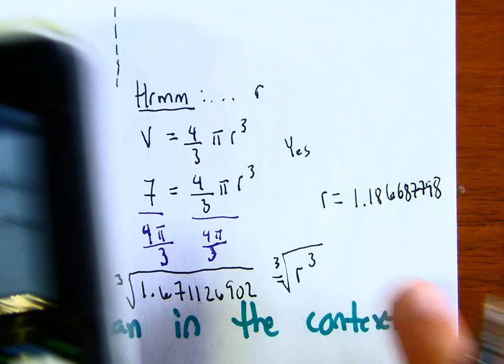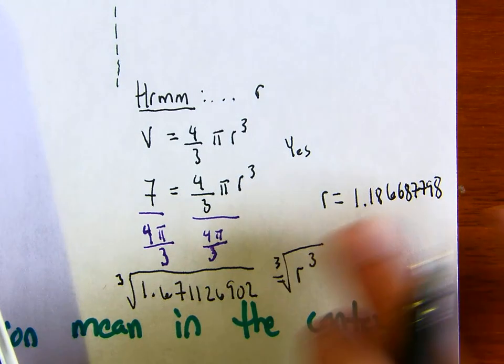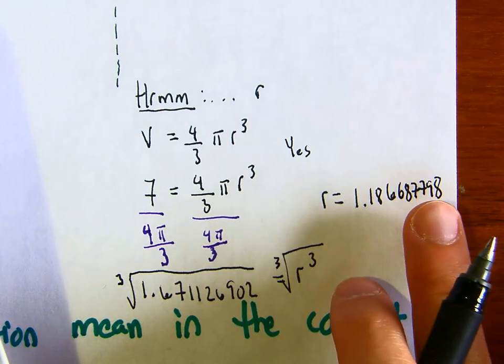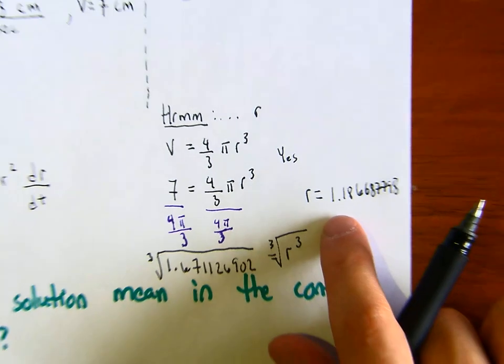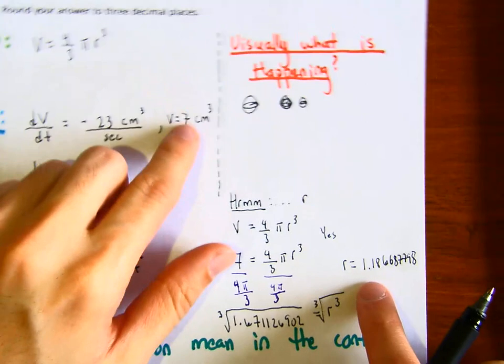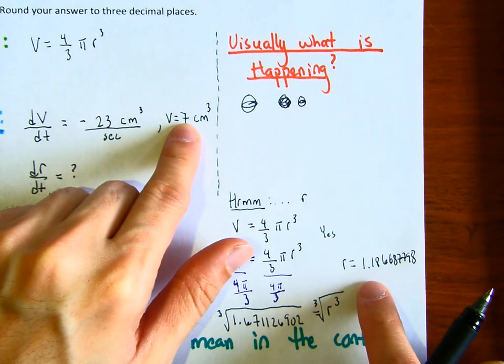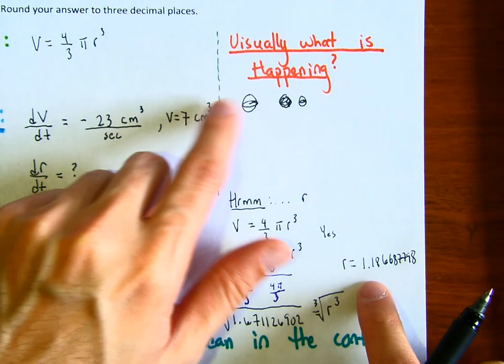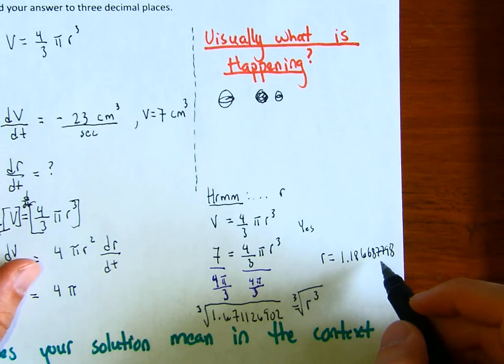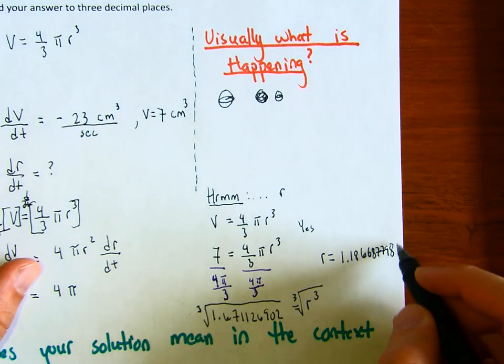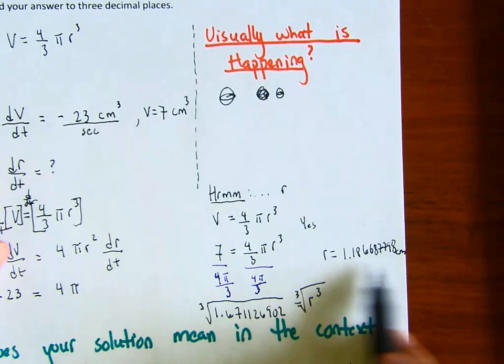And notice that I'm not rounding or anything. Whatever the calculator gives me, I'm just going to put for now. It's only at the end when you round. So the radius, when the volume of the sphere is 7 cubic centimeters, is 1.186687798 centimeters.